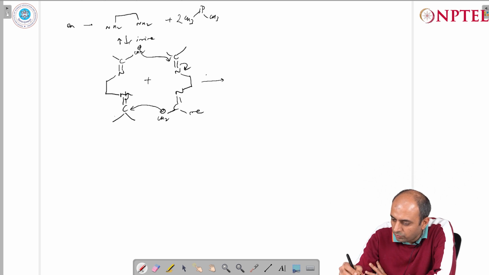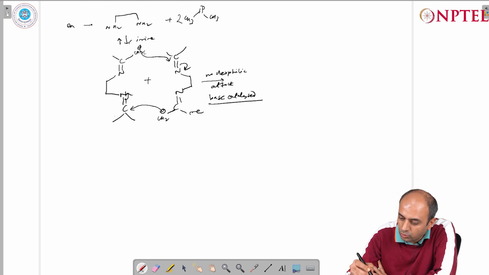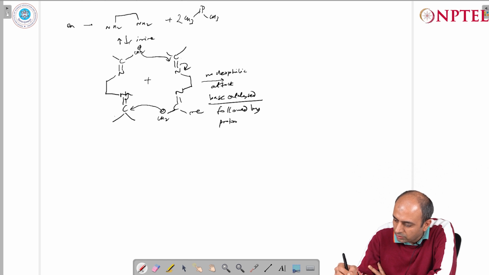So, the nucleophilic attack, because this is a base catalyzed process, where you have the CH2 minus which attacks the electrophilic carbon of the C=N double bond, followed by the proton transfer, will give you the desired ligand.